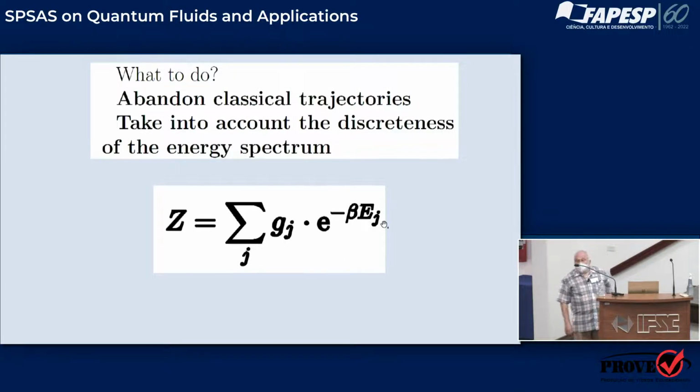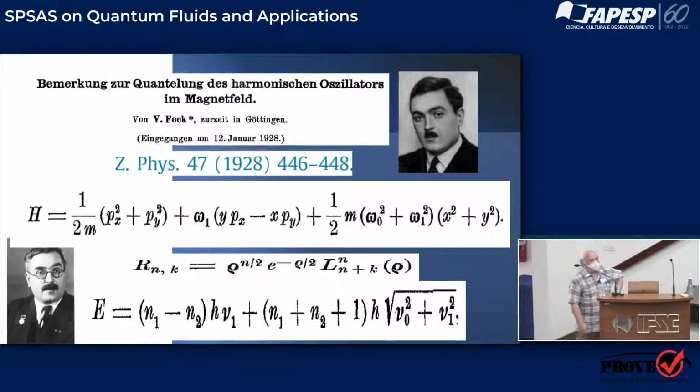And how to find these energy levels? This problem was solved for the first time by the Russian physicist Vladimir Fock. Everybody knows the name Fock states. This is the same Fock. And here is his photo when he was young, more or less at that period of time, and a photo when he was older.